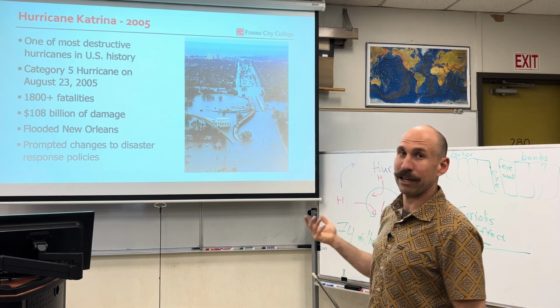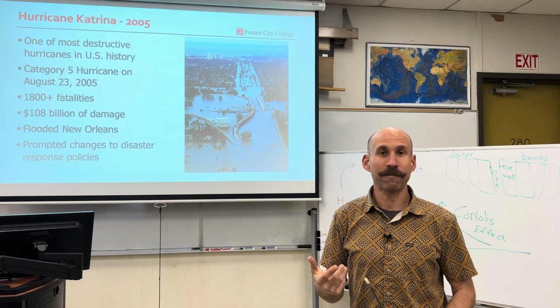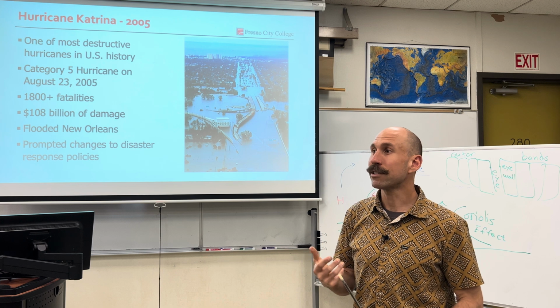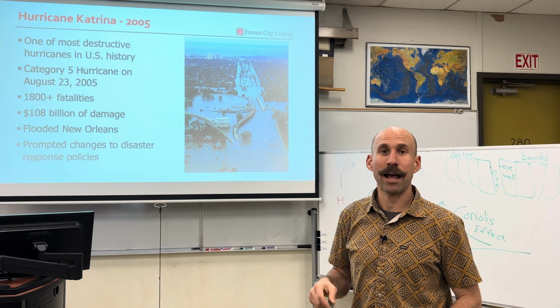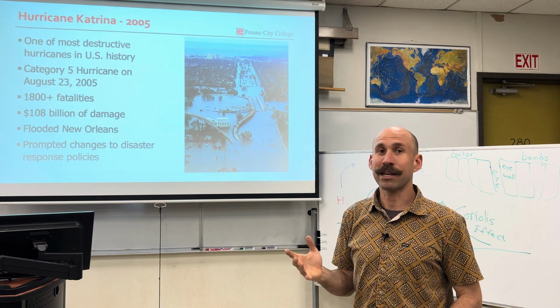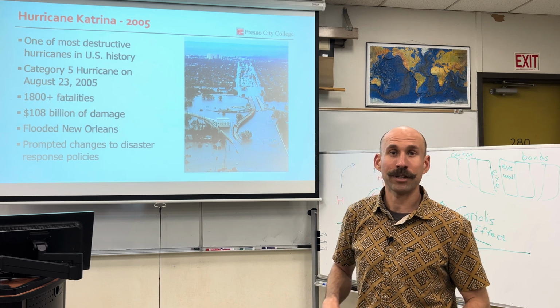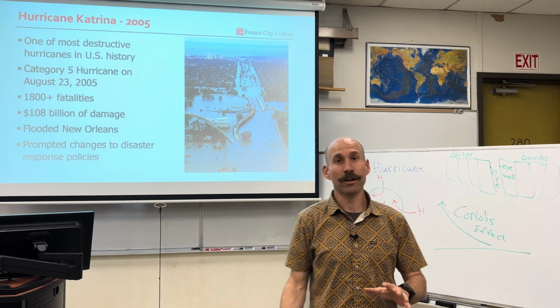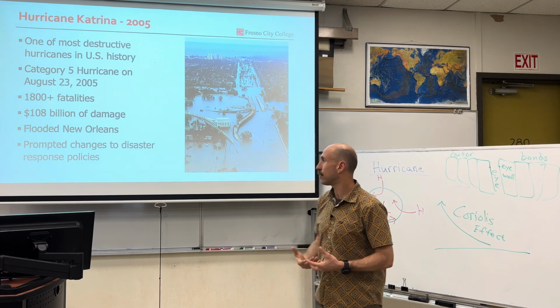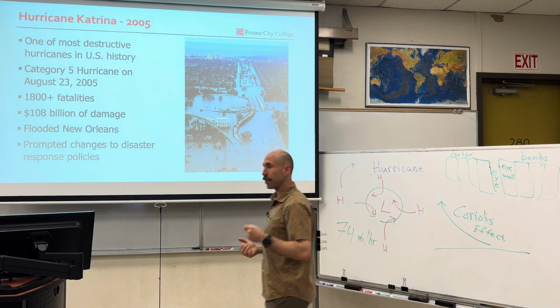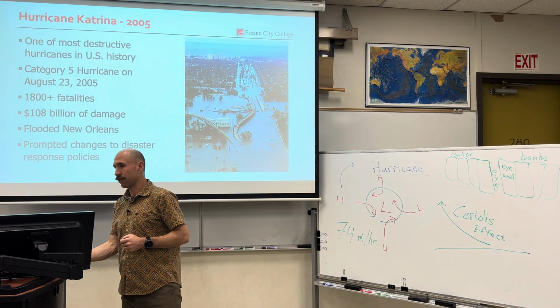So it prompted disaster relief changes in our policy in order to ensure that when these things happen again, because they will and they are continuing to happen, we can do better at supporting the individuals who are harmed from these types of natural disasters.